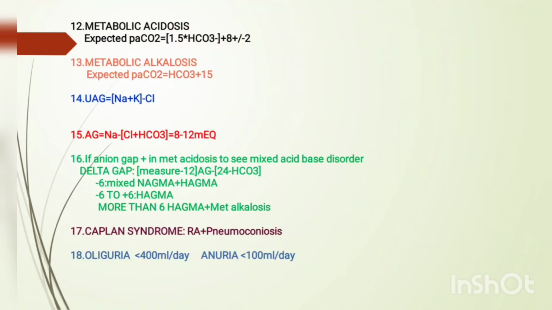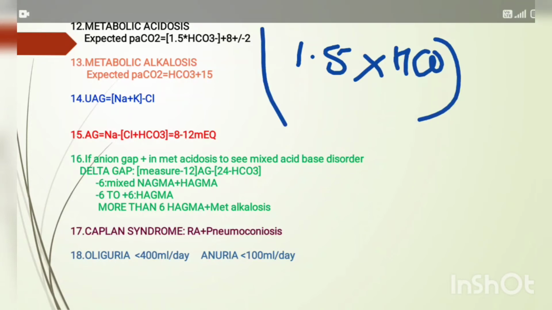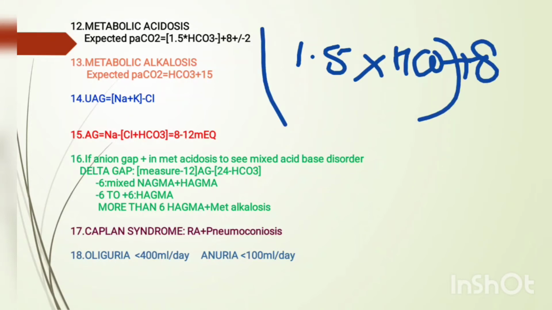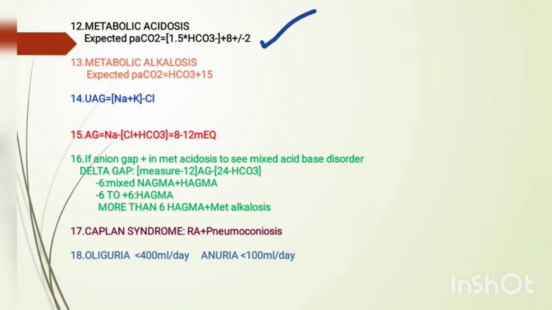Now let's talk about metabolic acidosis. The expected PaCO2 will be 1.5 into bicarbs plus 8, plus or minus 2. So you'll get the value of expected PaCO2. This is known as the Winter's formula, and for metabolic alkalosis, expected PaCO2 will be bicarbs plus 15.